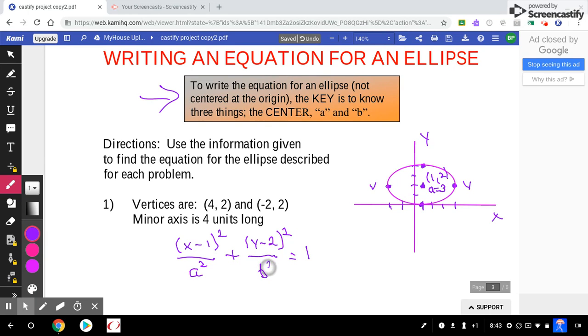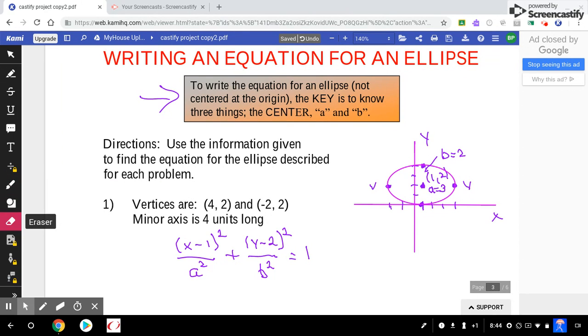And the smaller number, or b squared, is going to go over here. The short way, I can't really squeeze it into my drawing, but I'll put a little arrow. So the distance from the center up to the co-vertices is 2. We know the longer distance is 3.